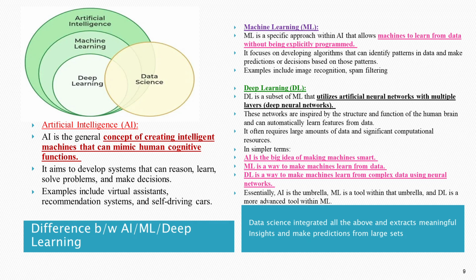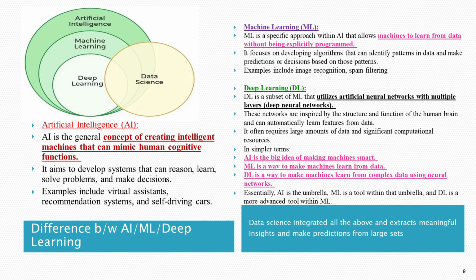Deep learning, or DL, is a way to make the machine learn from complex data using neural networks. Thus, essentially AI is an umbrella, ML is a tool under that umbrella, and DL is a more advanced tool within ML.